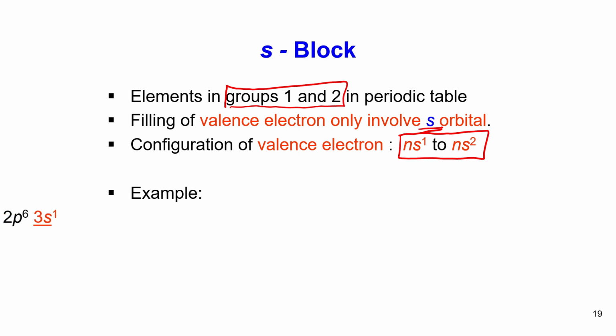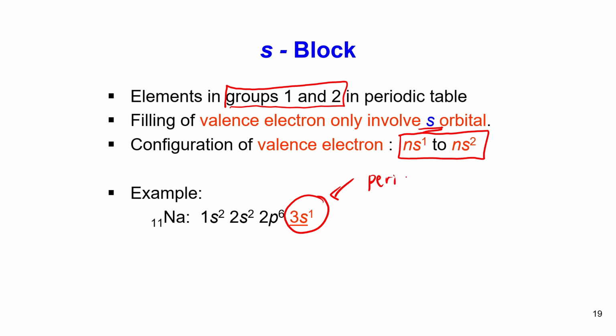For example, sodium, with electronic configuration 1s2, 2s2, 2p6, 3s1. We already determined this is in period 3, because the largest principal quantum number n equals 3.